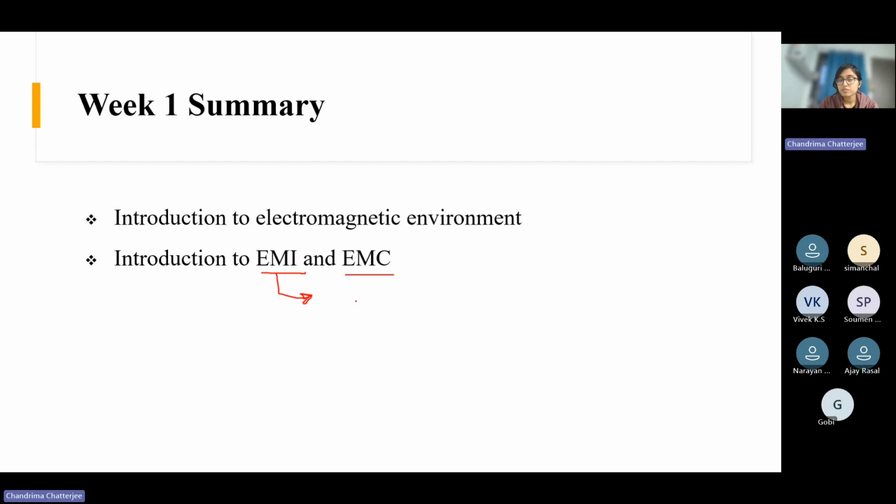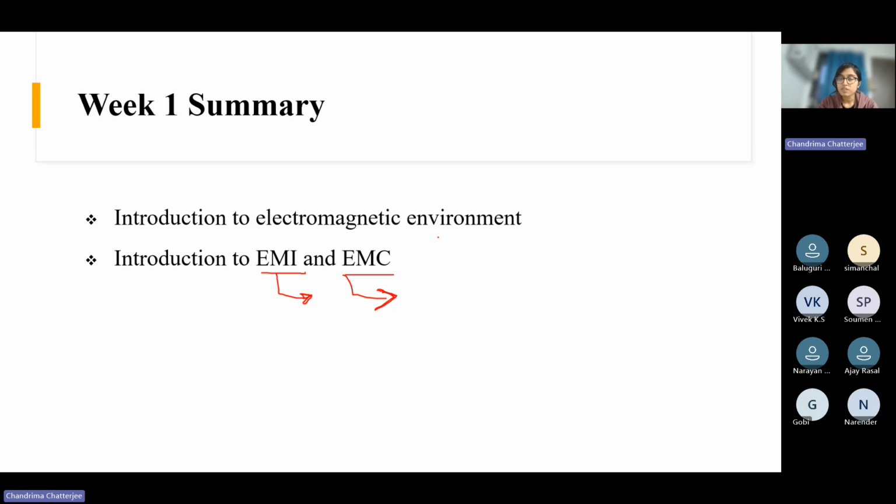Now, if in a particular space there are multiple devices and all of them are emitting some signals, and they are not electromagnetically compatible, their compatibility is not enough, they are not as per standards, then what will happen is they will go haywire, their operation will not be as desired, right?